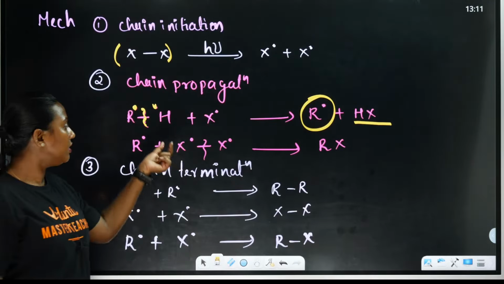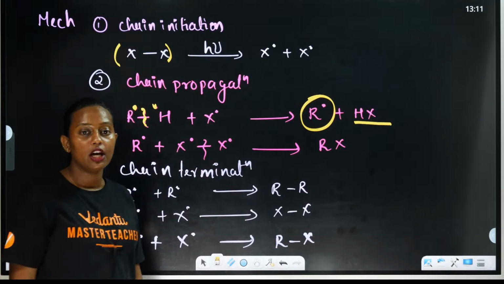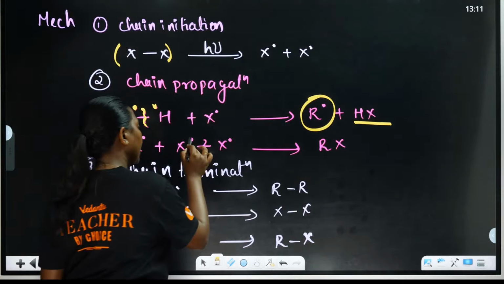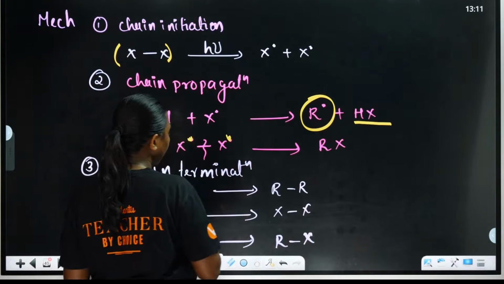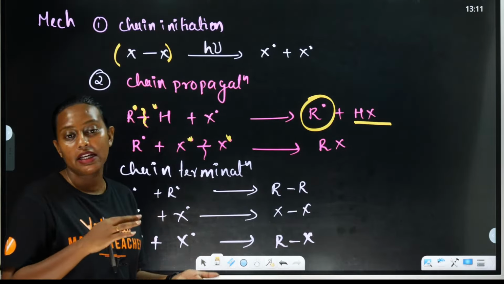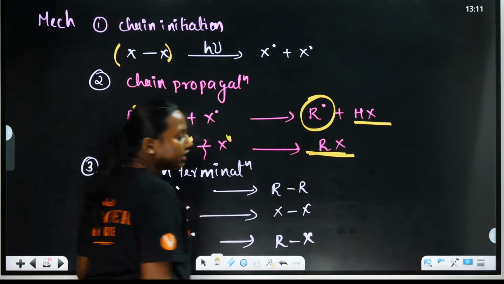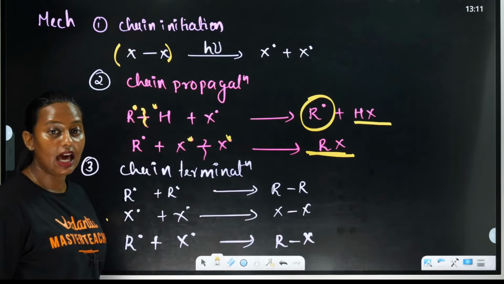In the next step, this R free radical reacts with X2. X2 forms its free radical, and it forms alkyl halides.